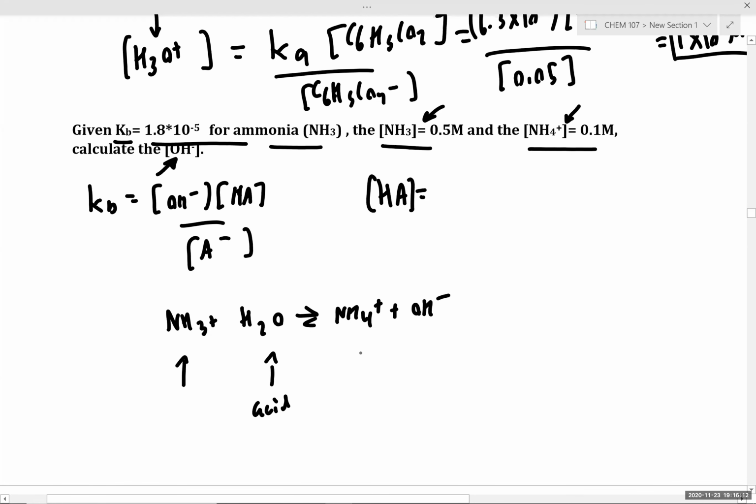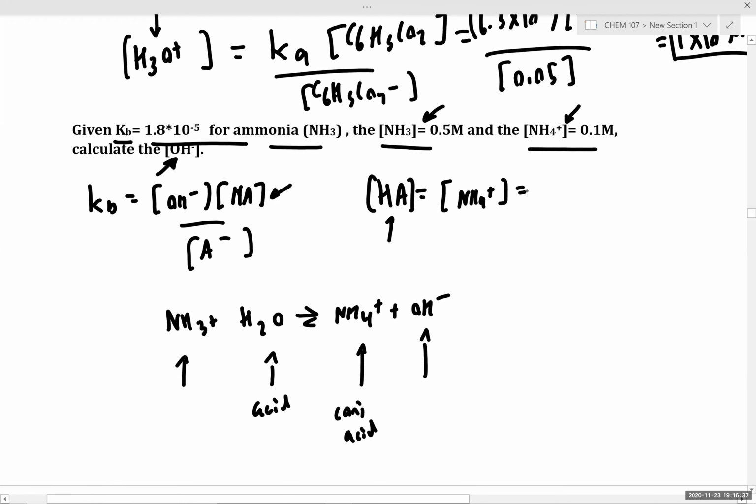Looking at our products, which of these species is the conjugate acid? NH4 plus. Yep, so NH4 plus is our conjugate acid. So that's the HA in this Kb expression. So the concentration of HA is the concentration of ammonium.